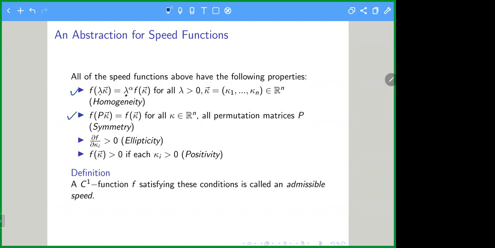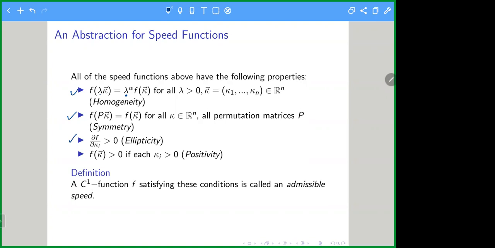And I want these speeds to be contracting speeds, meaning I want the flow speed to increase when I increase one of the principal curvatures. I call it ellipticity, and this in general ensures that your solution contracts down to a point. Usually if you start with something convex, topologically a sphere, this condition will ensure that you contract down to a point.